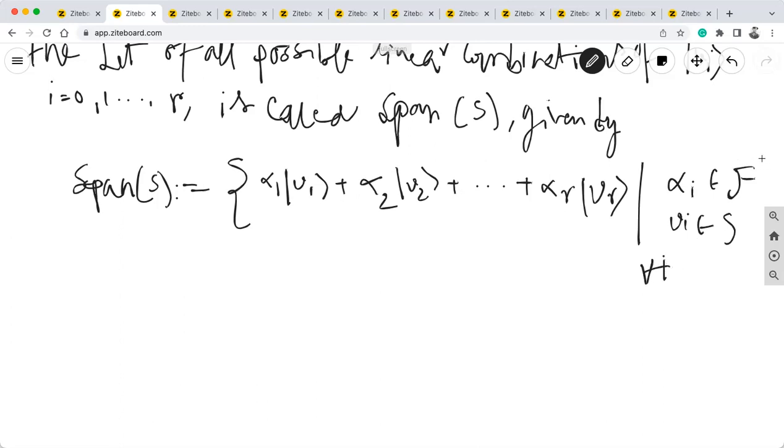Then this particular set is known as the span of S.